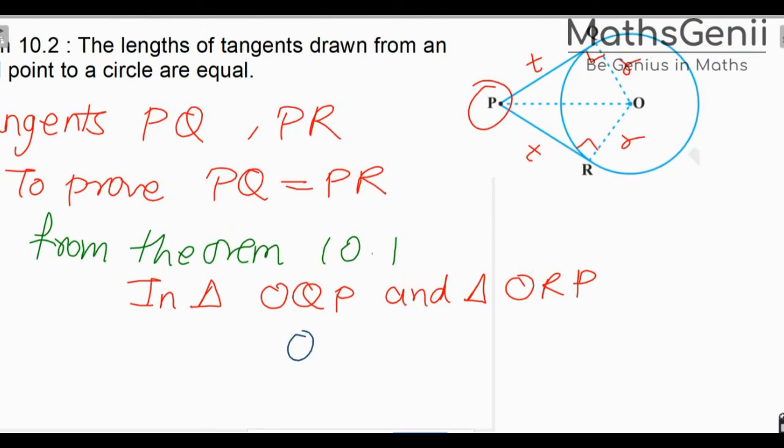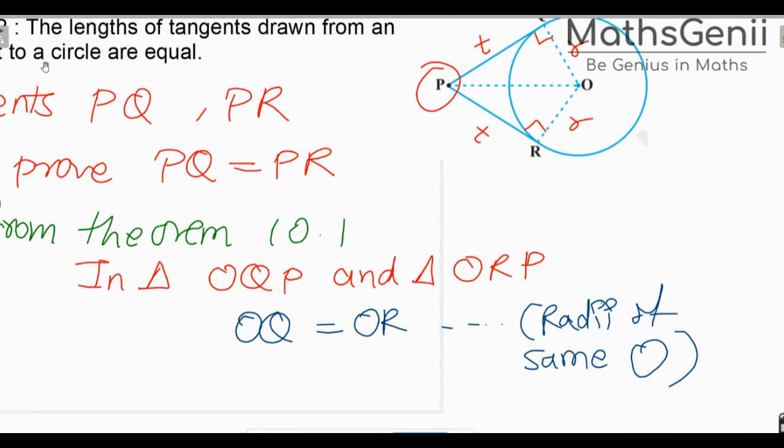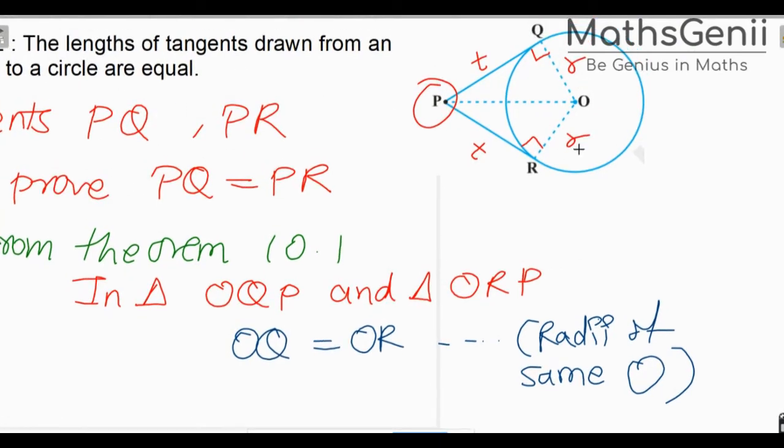So OQ is equal to OR because radii of the same circle. Okay, next, what is the next common thing? OP is present in both the triangles, in triangle OQP and in triangle ORP. OP is the common line, so OP is equal to OP. Why? Because common.